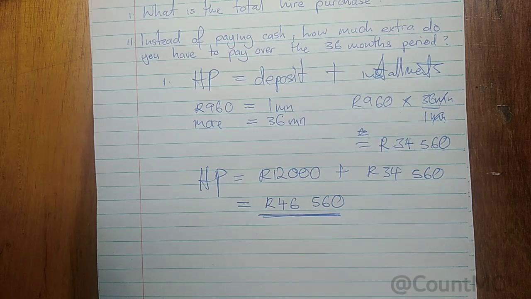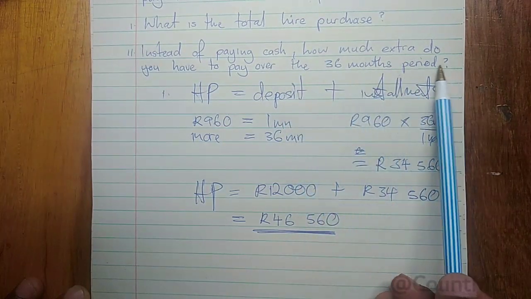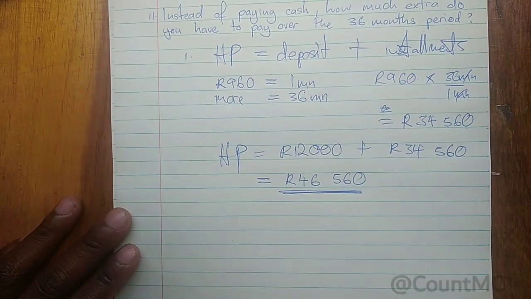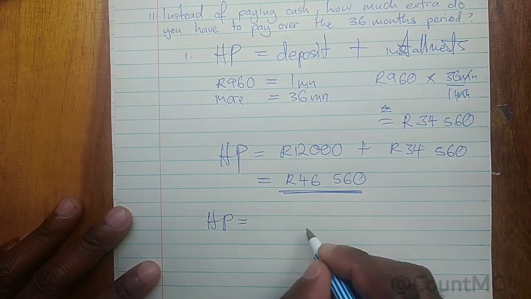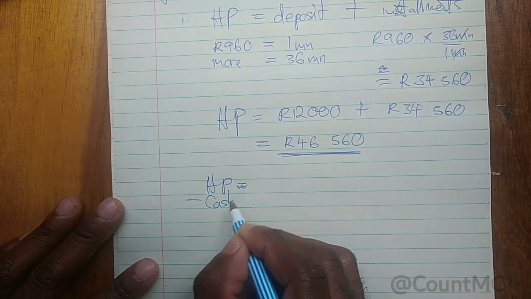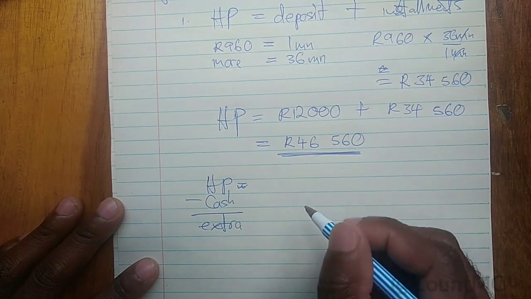instead of buying for cash 32,000 rands. Instead of paying cash, how much extra do you have to pay over the 36 months? So for hire purchase minus your cash, you get the extra money which you paid.